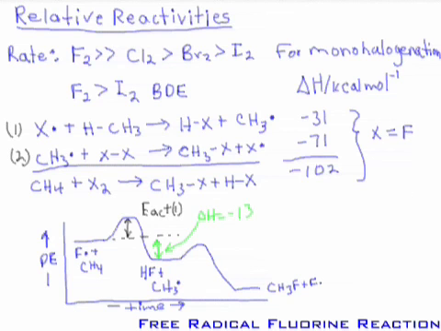And we can do that again for the next step. Because the reaction's exothermic, the energy of activations are often small. This is energy of activation 2. Exothermic reactions typically have smaller energy of activations than endothermic reactions.